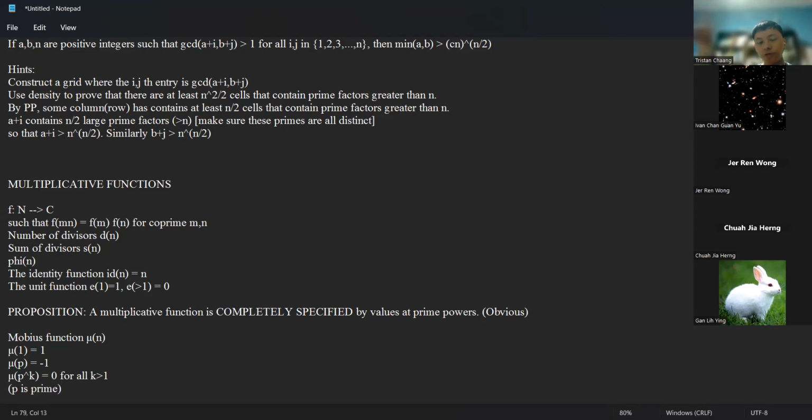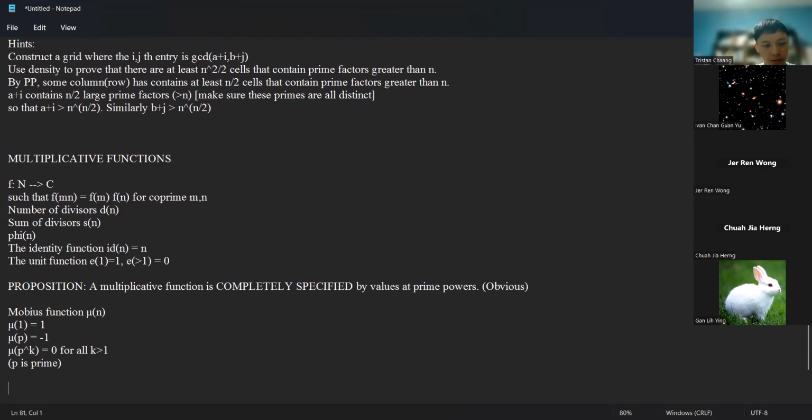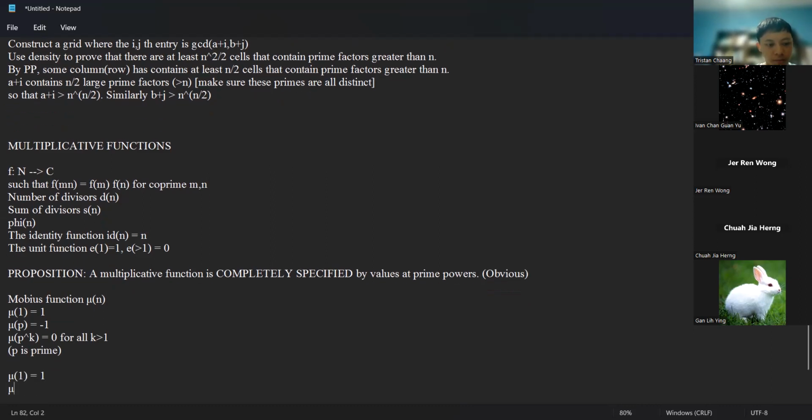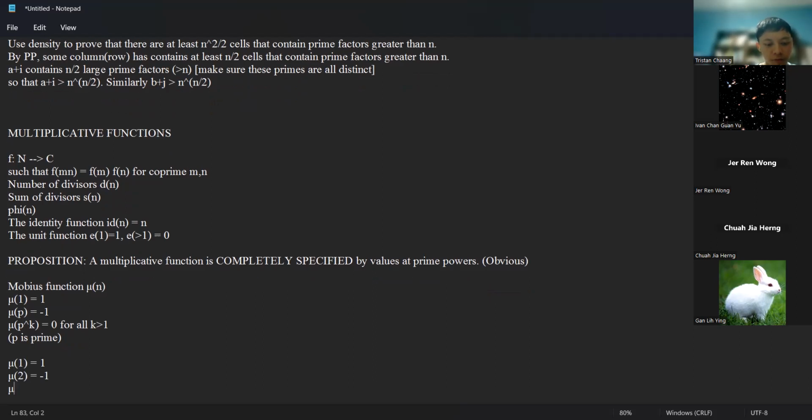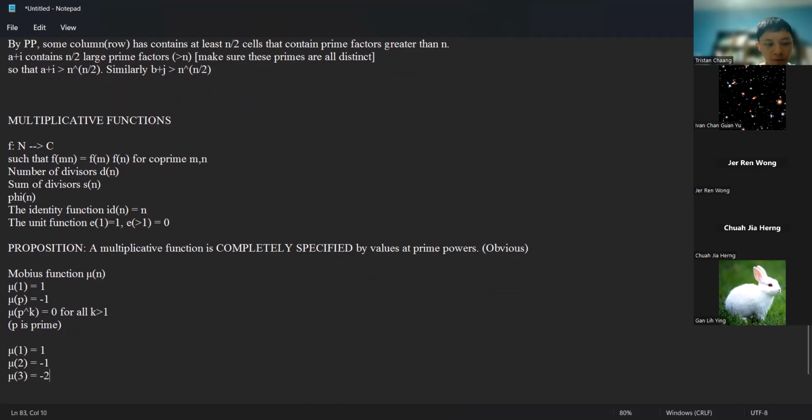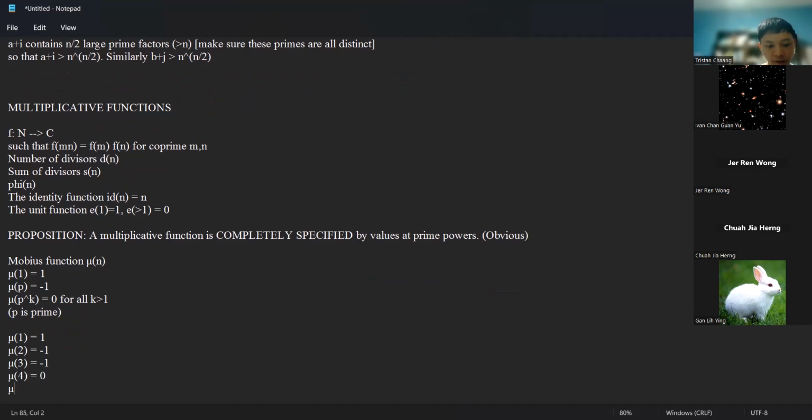So for example, what's mu 2? Mu 2 is -1 because 2 is a prime. But what's mu 4? Mu 1 is 1. Mu 2 is -1. Mu 3 is -1. Mu 4 is 0 because it's p squared. Mu 5 is -1.